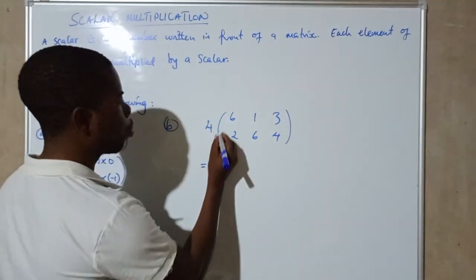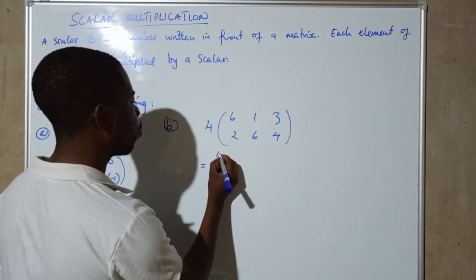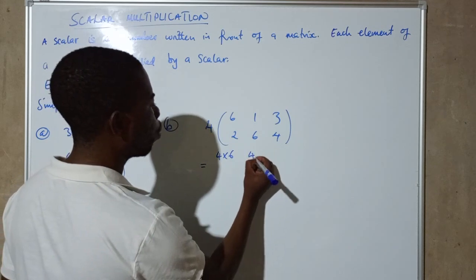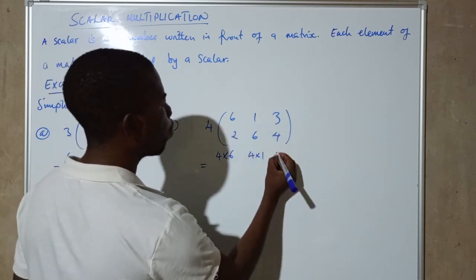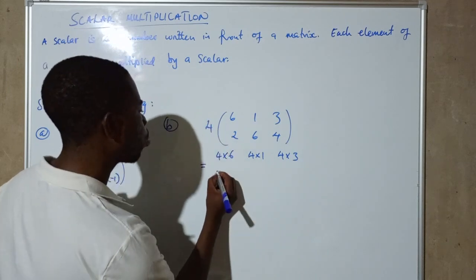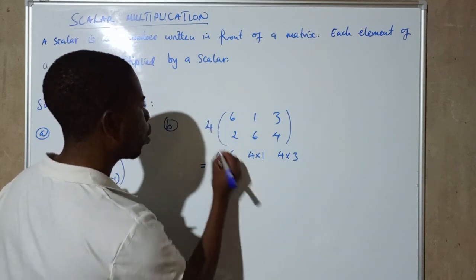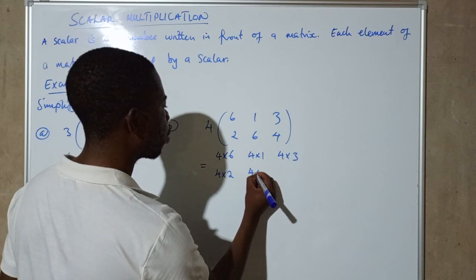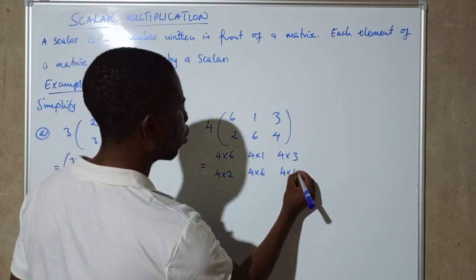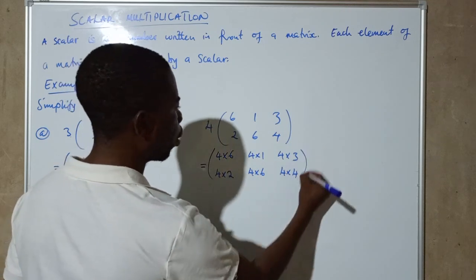Then this one, it will be 4 times 6, 4 times 1, 4 times 3, then 4 times 2, 4 times 6, 4 times 4, like that.